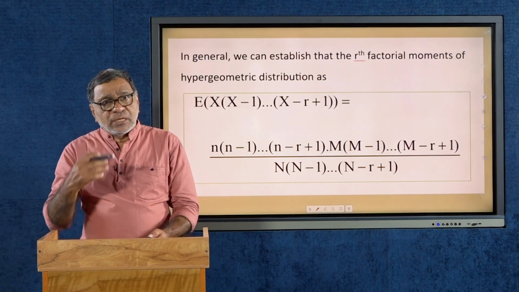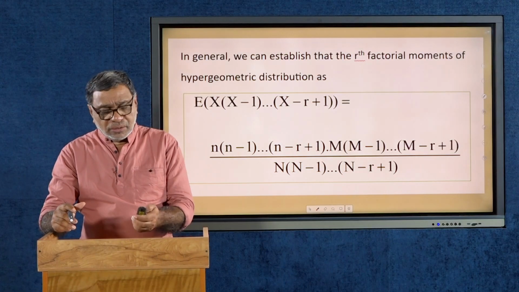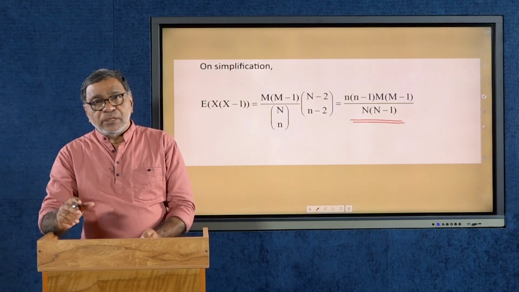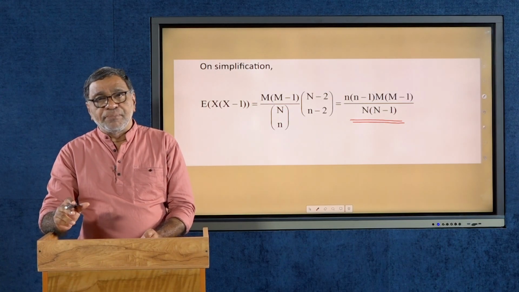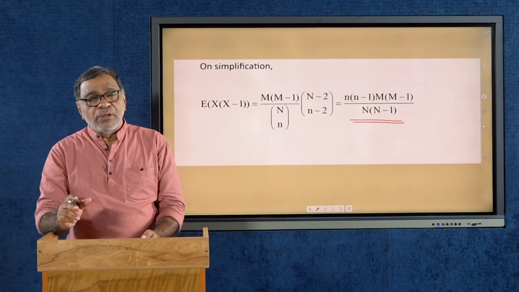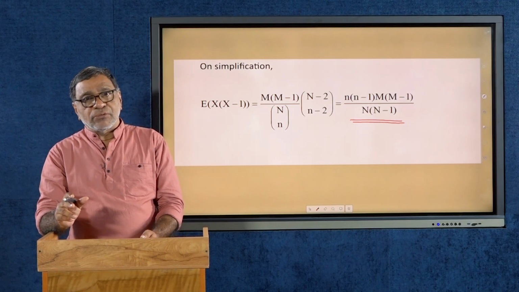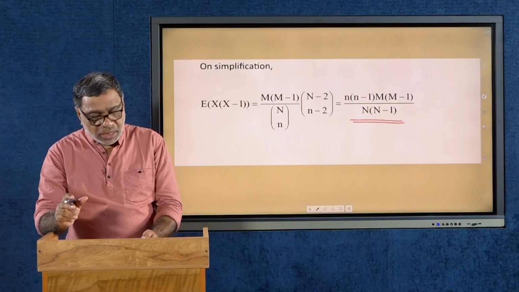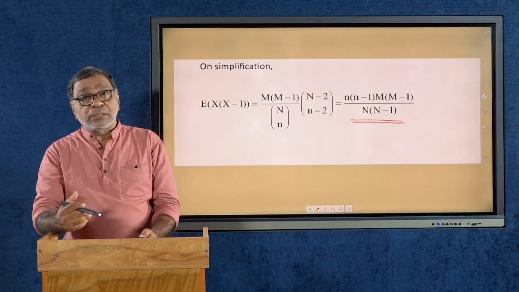And generally, earlier expression you have n into capital M divided by capital N, and this is our factorial moment, expectation of x into x minus 1. Similarly, you can generalize this expression.